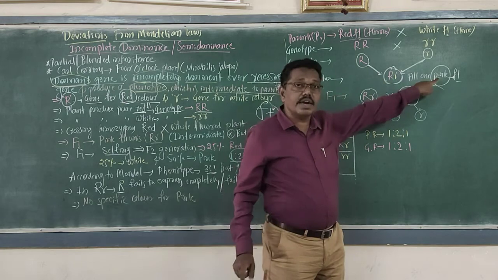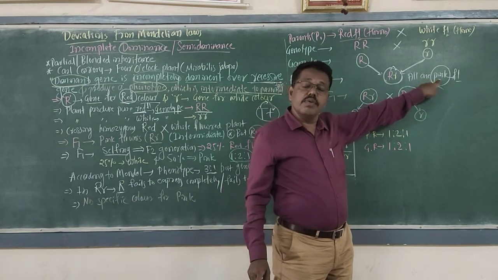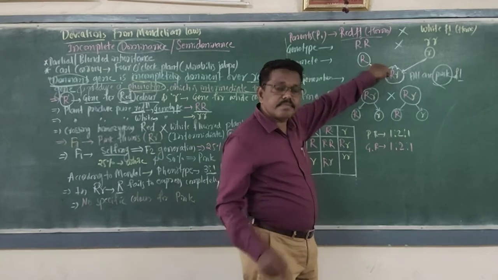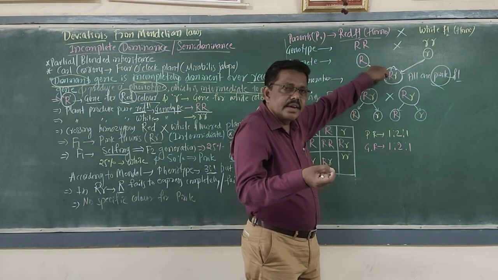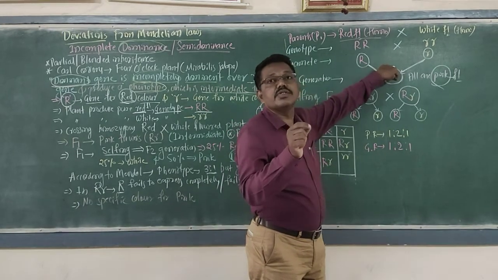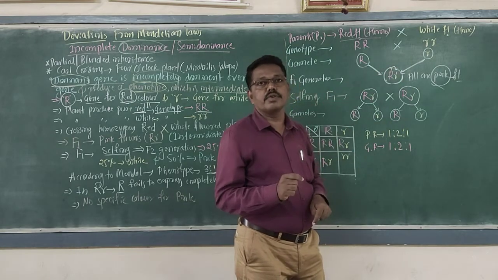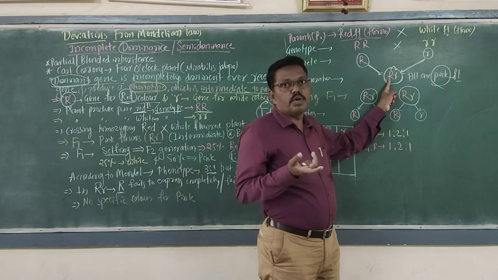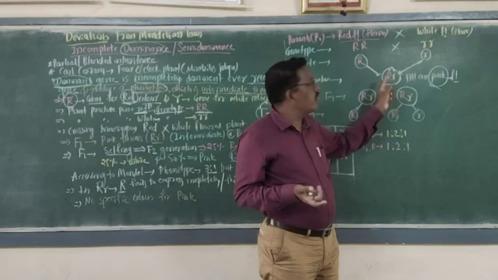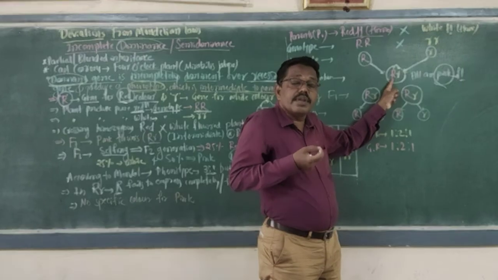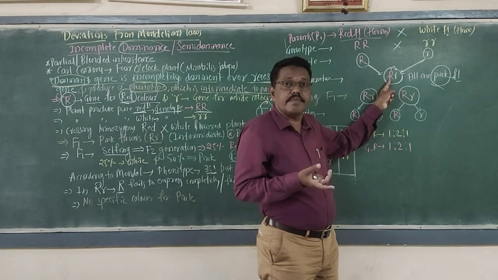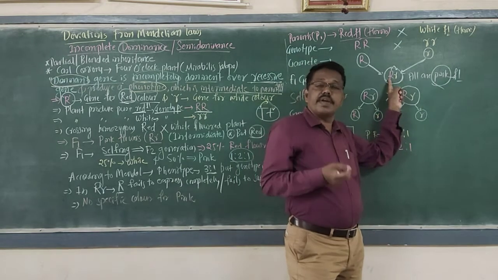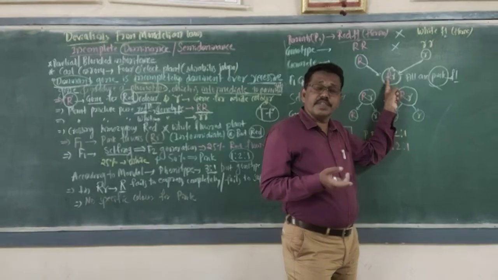But here we get the pink flower. It means the capital R is incompletely dominant over the recessive gene. That is called incomplete dominance. Hence, capital R is not completely dominant over small r, it fails to express its expression completely.